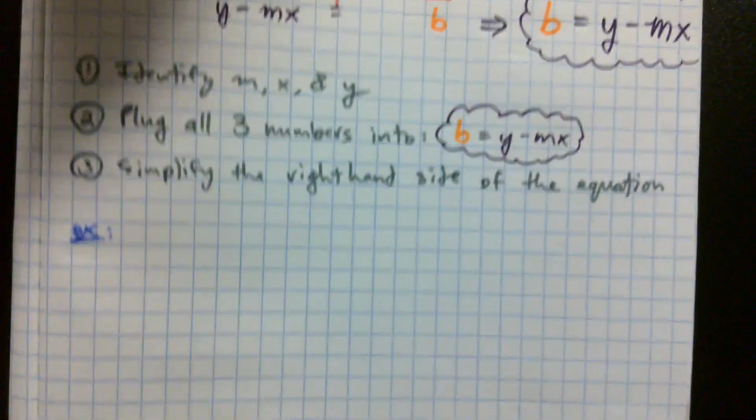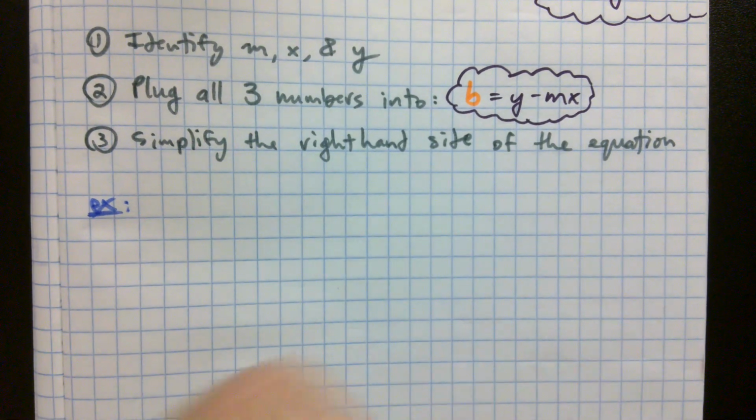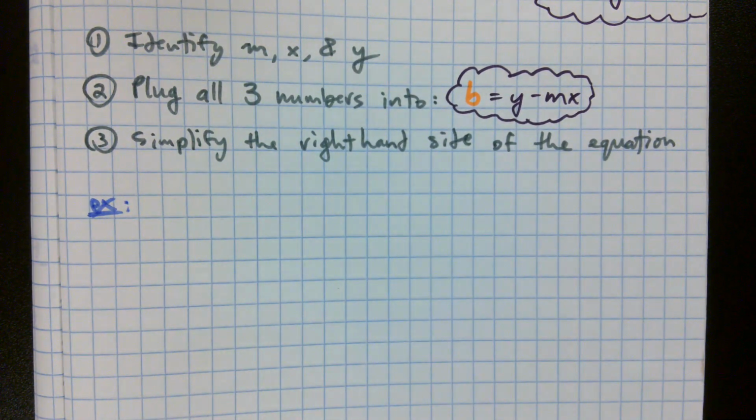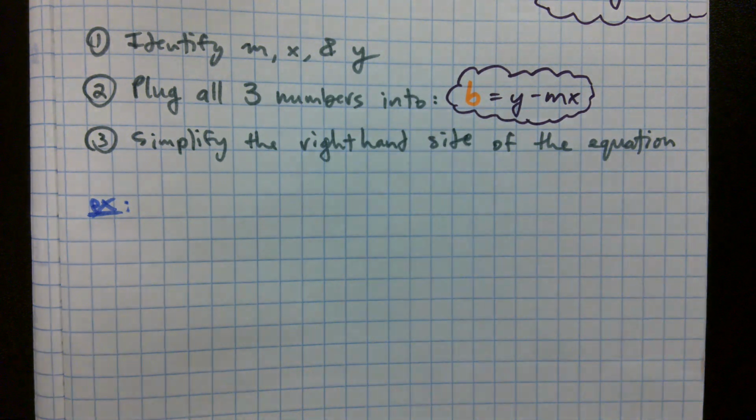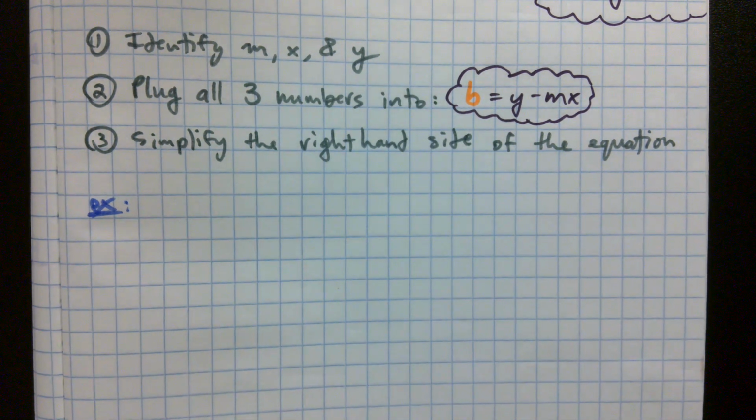Let's take a look at our first example. We're going to go through one together. Take some time for you to go through a second example, either on your own or with someone in your group. We'll work through it together.